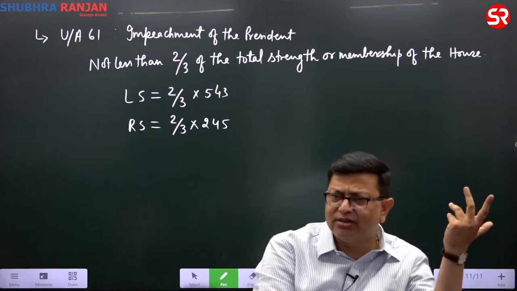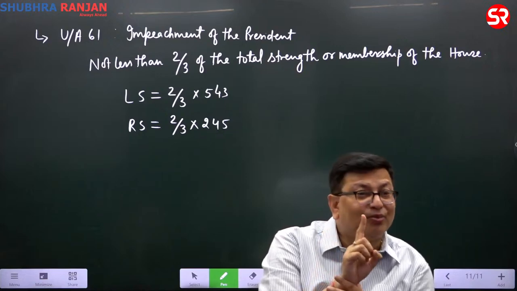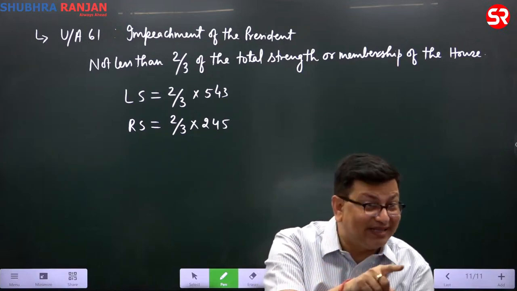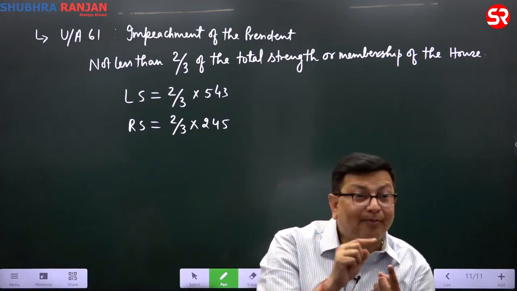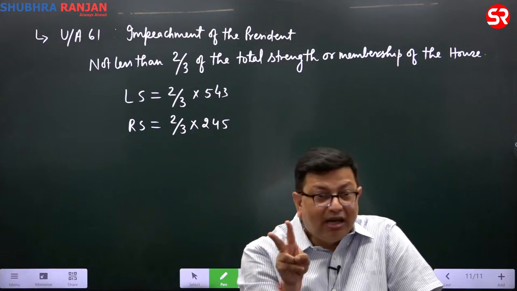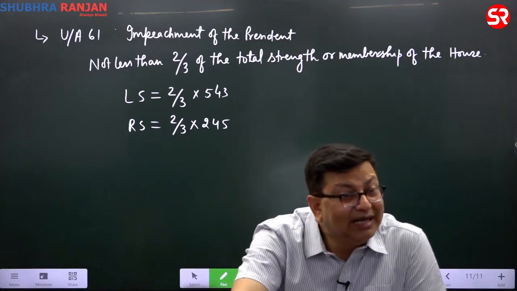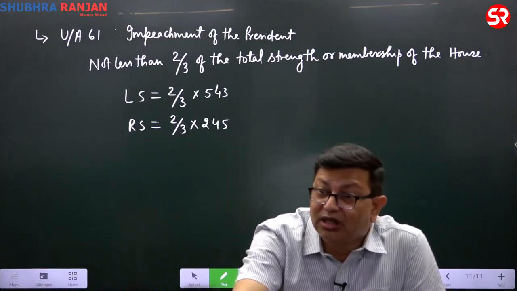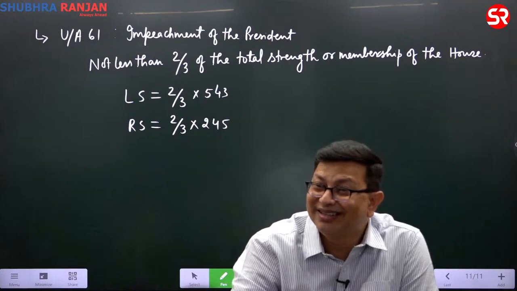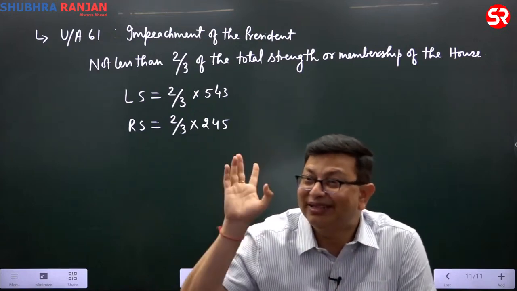It is still used, it is in use. So you should say that, sir, a judge of the Supreme Court is removed by the president. Is removed by the president. But upon the passage of a resolution by both the houses of the parliament, by a majority of not less than 2/3 of the members present and voting, and by a majority of the whole house, and the ground here is also different, proved misbehavior or incapacity.